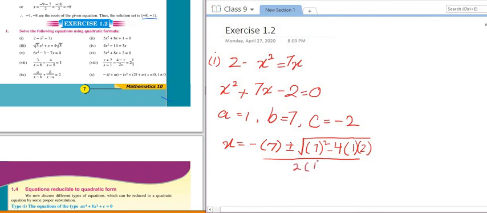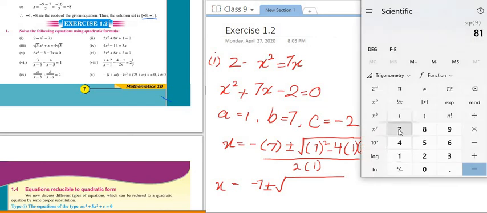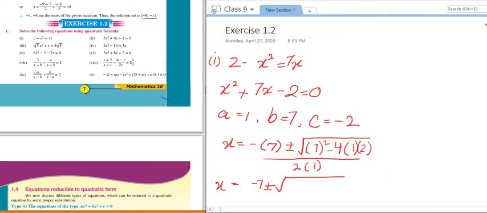Denominator is 2a. Now it becomes x equals minus 7 plus minus square root of 7 square, which is 49, minus 4 multiplied by 2, 8.